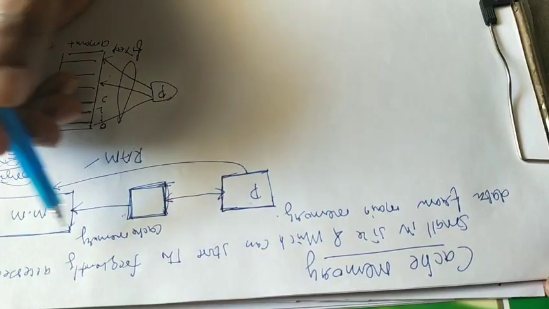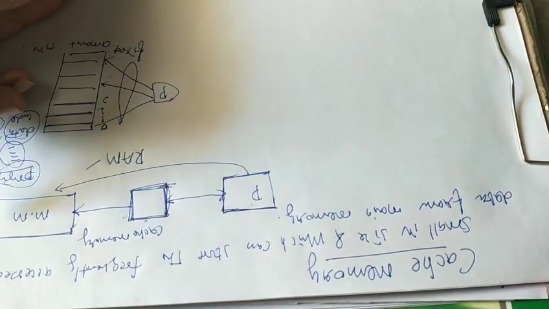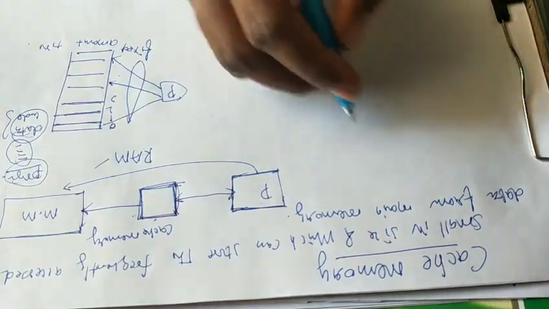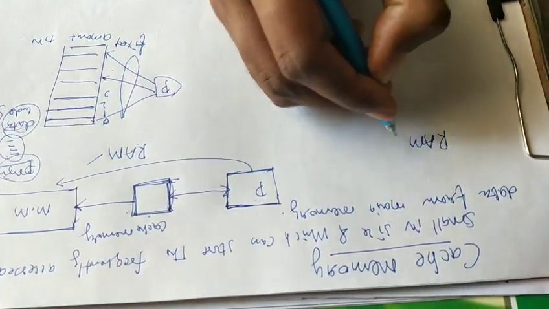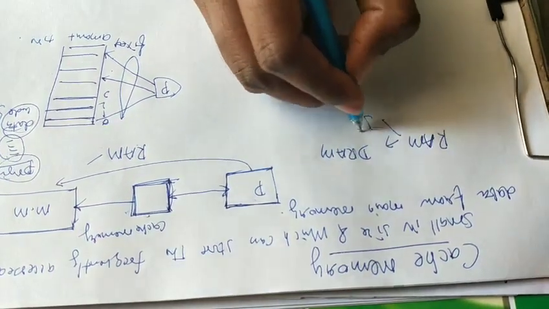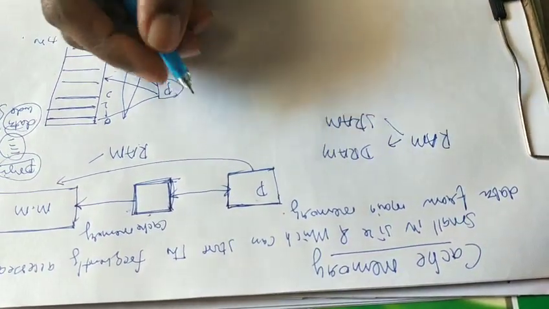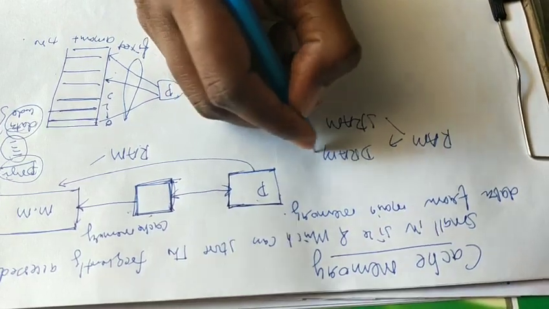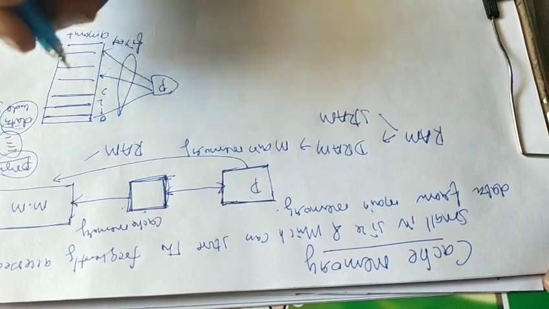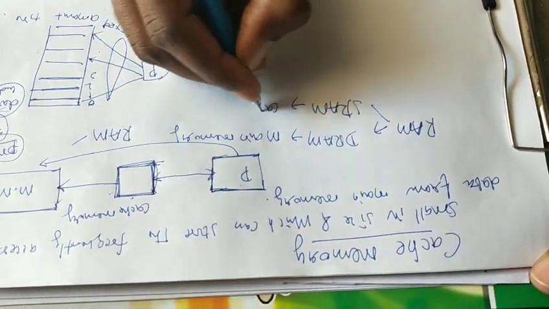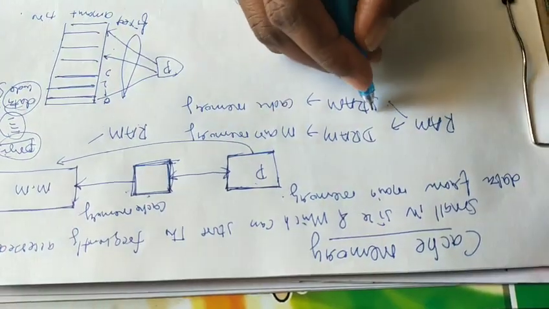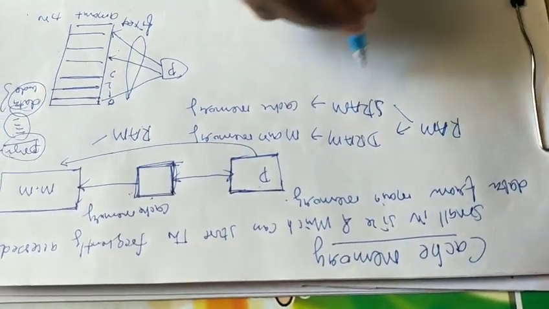Both cache memory and main memory are under the category of random access memory. Yet RAM has two categories: dynamic RAM and static RAM. Main memory comes under dynamic RAM and cache memory comes under static RAM.